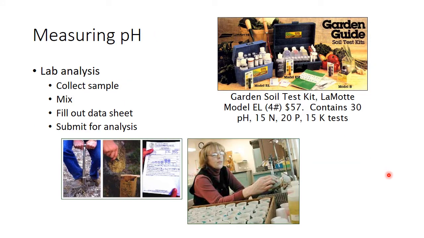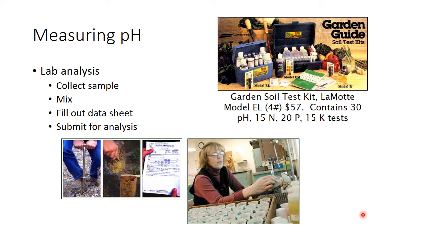So how do we measure pH? There are a couple of ways. The primary way is to use a pH electrode. If you submit a soil test to a lab, they're generally going to use a pH electrode. Oftentimes nowadays that's done by a robot as opposed to a person doing it like you see here.